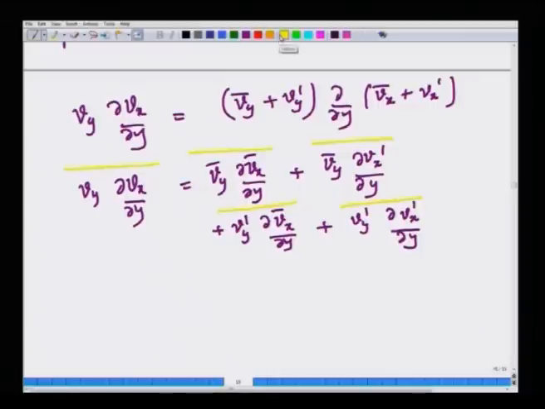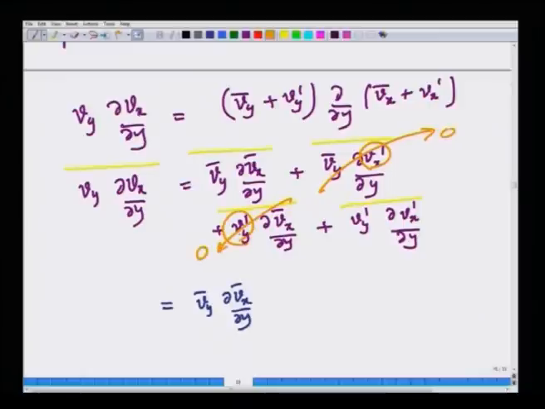Now, let us look at each term in detail. The first term, if you do the averaging, will give you the same result, because you are averaging an already averaged quantity. So it is simply going to give you V y bar partial V x bar by partial y. Now, in the second term, the fluctuation is linear, and we just showed that such a term is 0, and the same goes for the third term. But the key thing is to understand the fourth term. Is it 0?